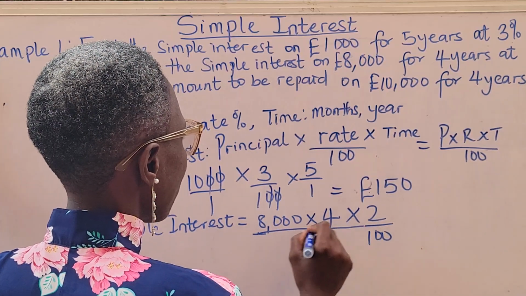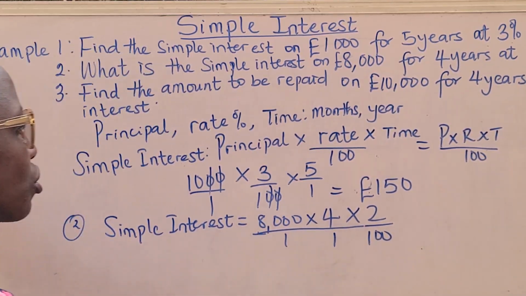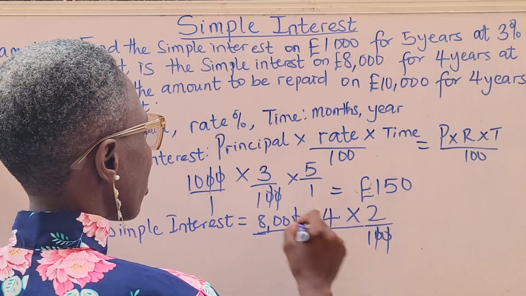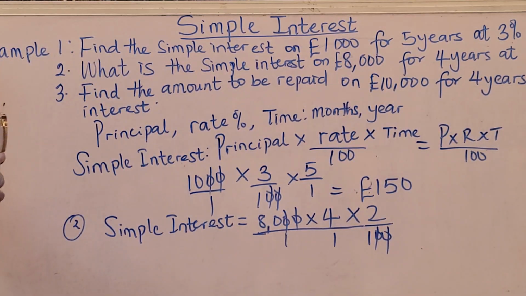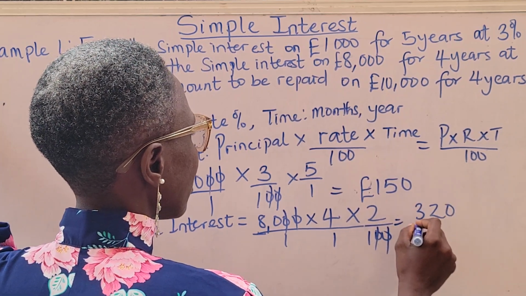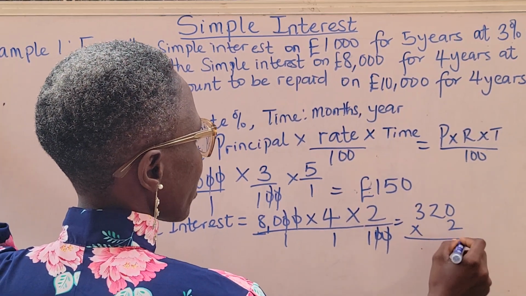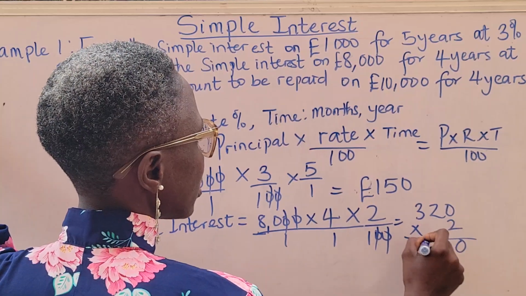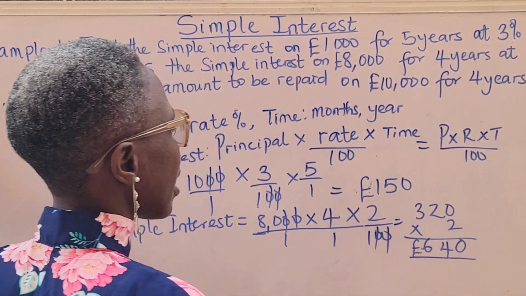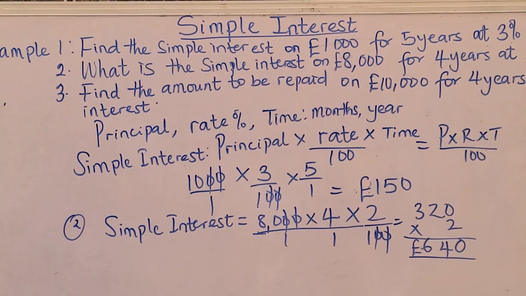So everything is over 100. So 0 is cancelling 0. 0 is cancelling 0. So we have 80 times 4. That's 320 times 2. We have 0, 4, 6. So we have 640 pounds as the interest.